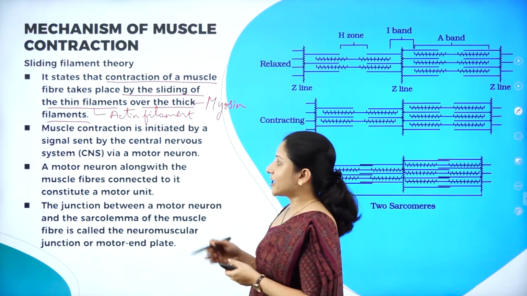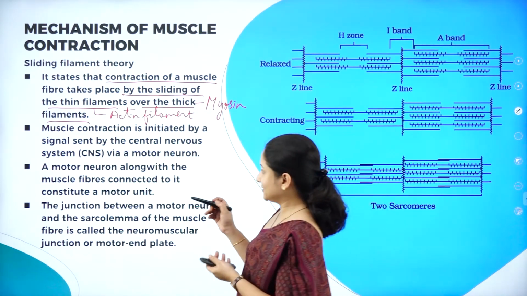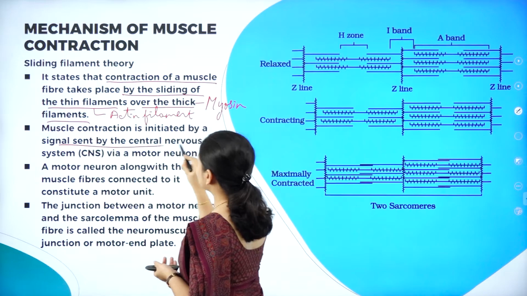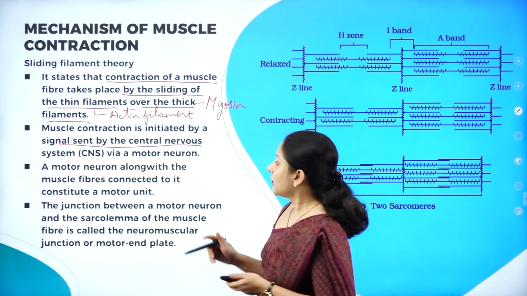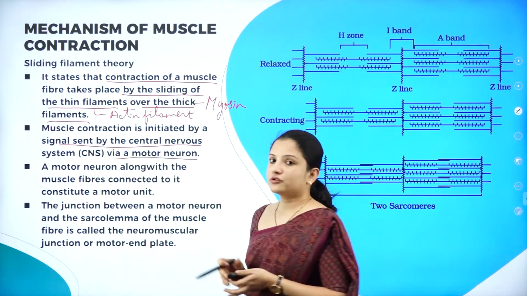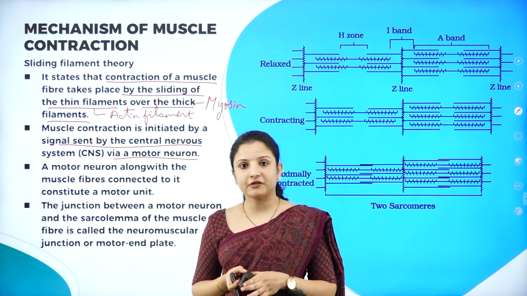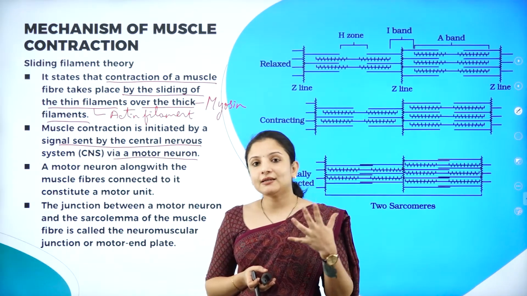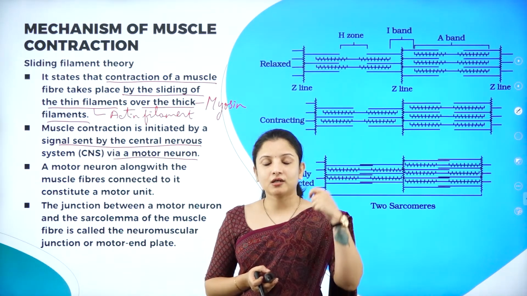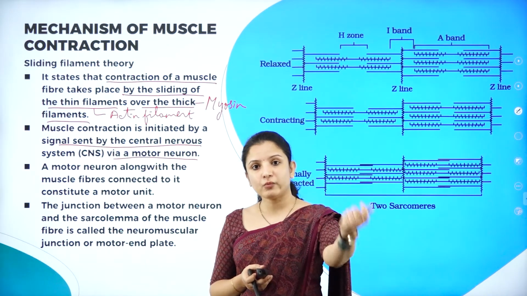Muscle contraction is initiated by a signal that is sent to the central nervous system via a motor neuron. We studied all this in the previous session, right? Simply, muscle contraction cannot occur. Now I want to voluntarily move my hand.